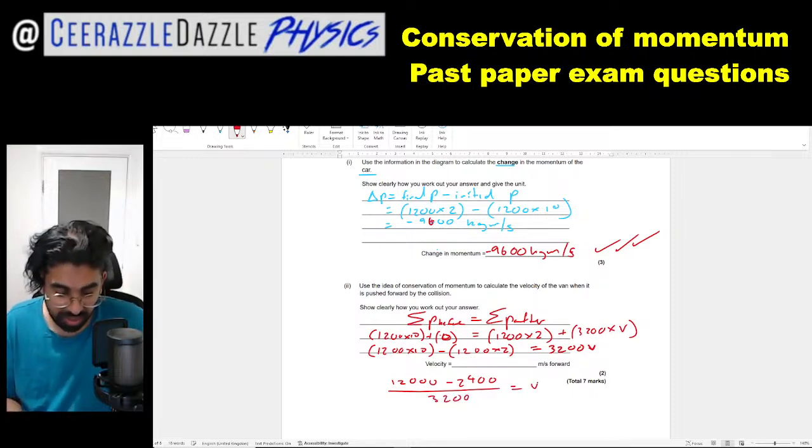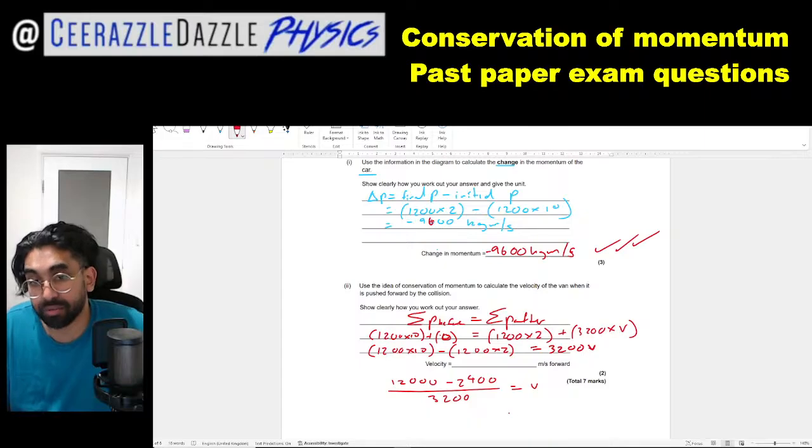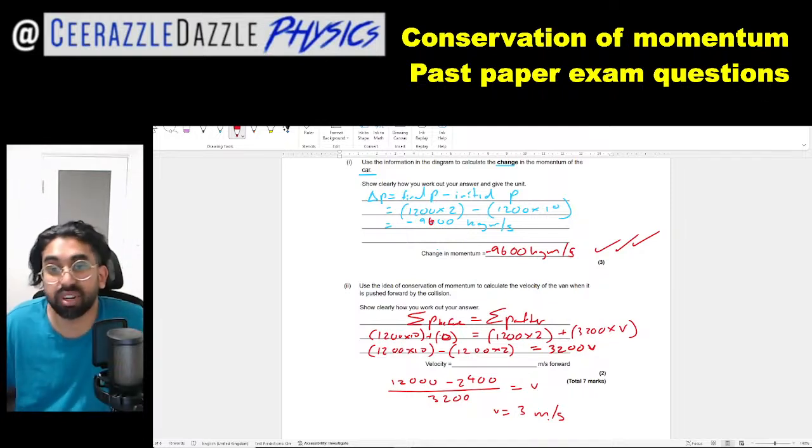So 12000 minus 2400, divided by 3200. Yes, I'm getting the value of v to be equal to 3. There we go, 3 meters per second. Double check my answer. Yes, it's 3 meters per second.